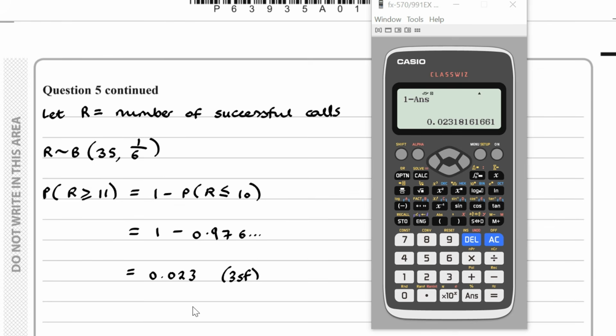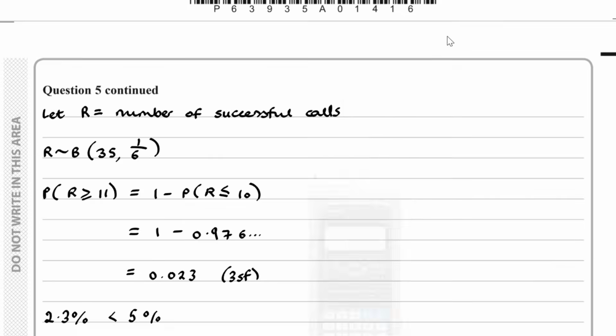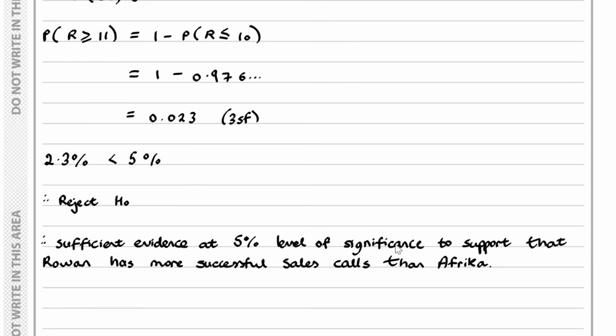And if we compare that with the 5%, this 2.3%, if I multiply by 100 to convert it into a percentage, is less than the 5% that we are testing at. So therefore there's significant evidence at the 5% level of significance to support that Rowan has more successful calls than Afrika. Of course we rejected H0 here.